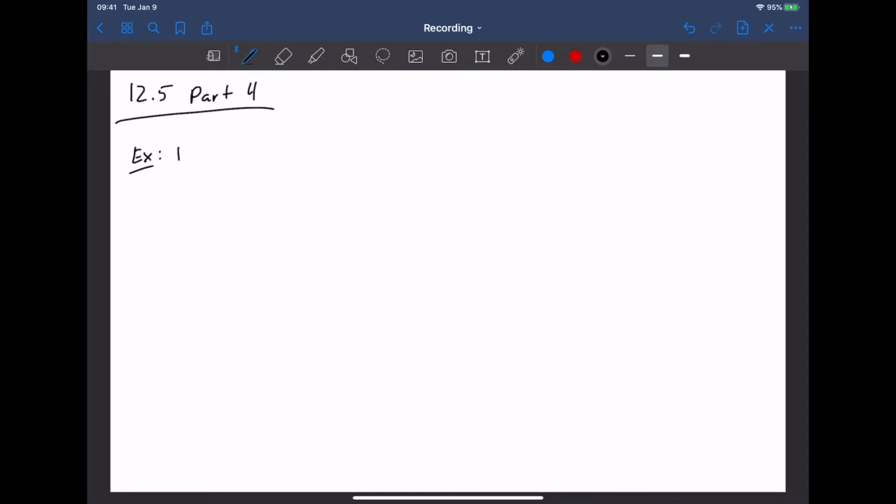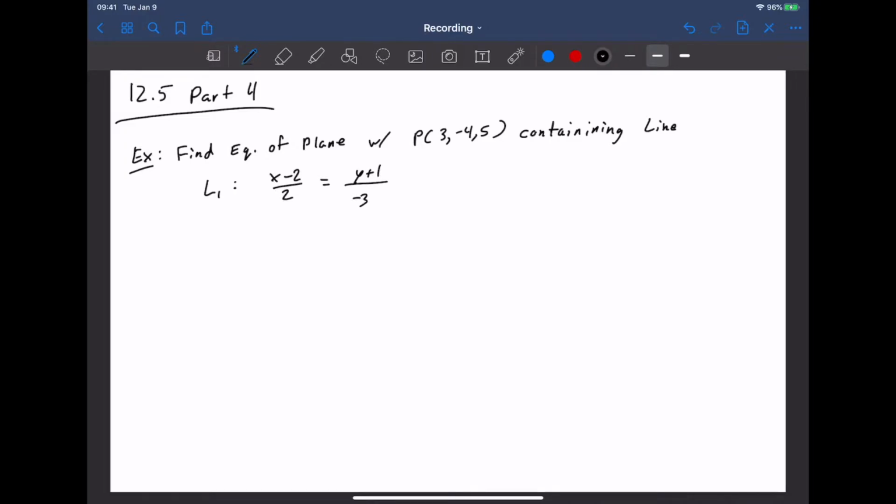For instance, let's find the equation of a plane with the point P (3, -4, 5) and containing the line L1: (x - 2)/2 = (y + 1)/(-3) = (z + 3)/5.